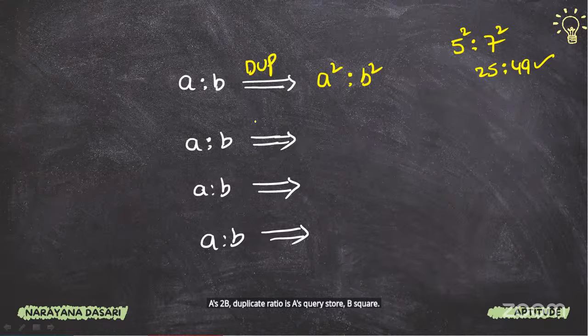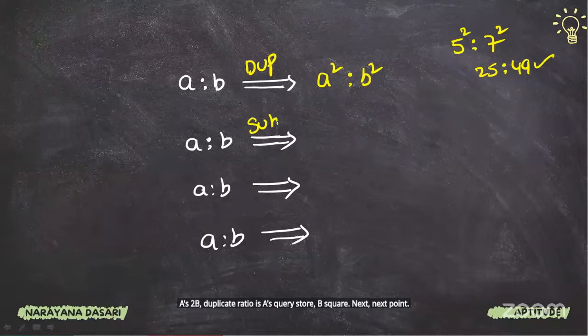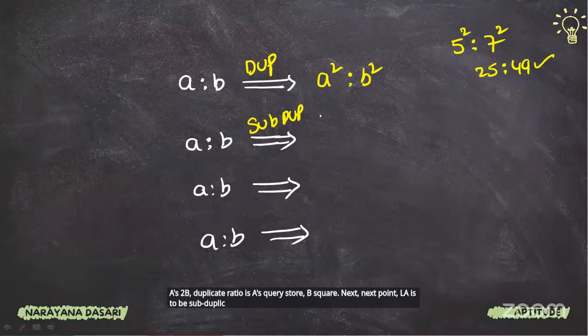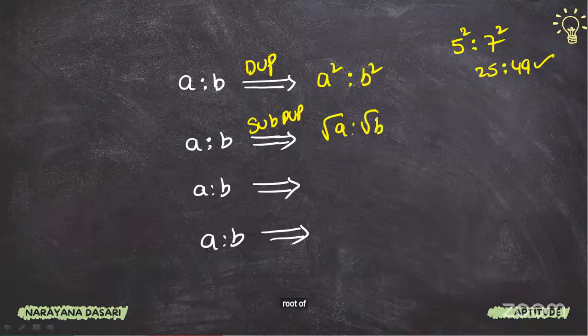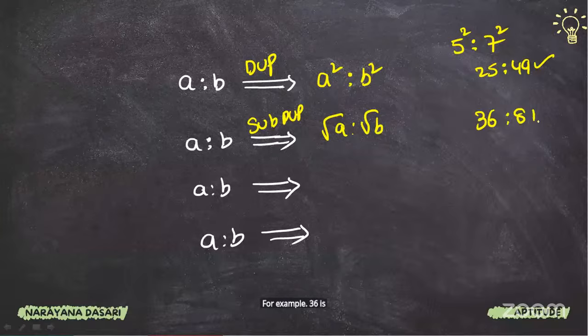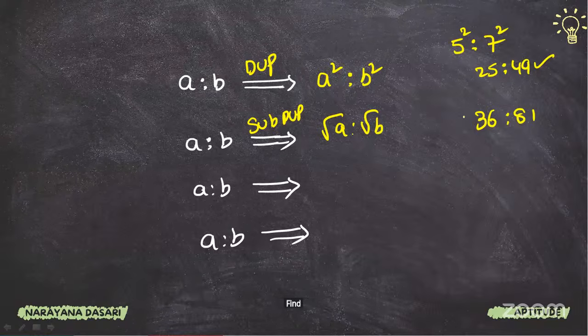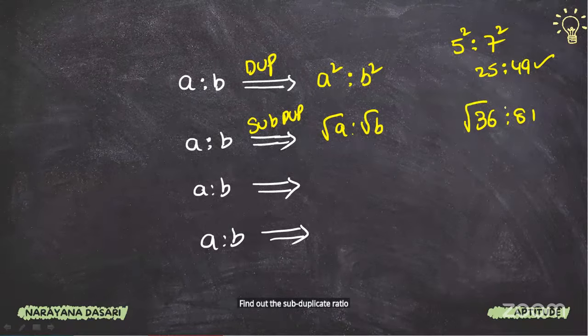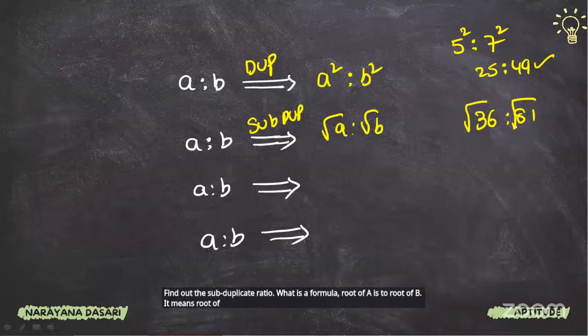Next point. A is to B, sub-duplicate ratio is root of A is to root of B. For example, 36 is to 81. Find out the subduplicate ratio. What is the formula? Root of A is to root of B. It means root of 36 is to root of 81.